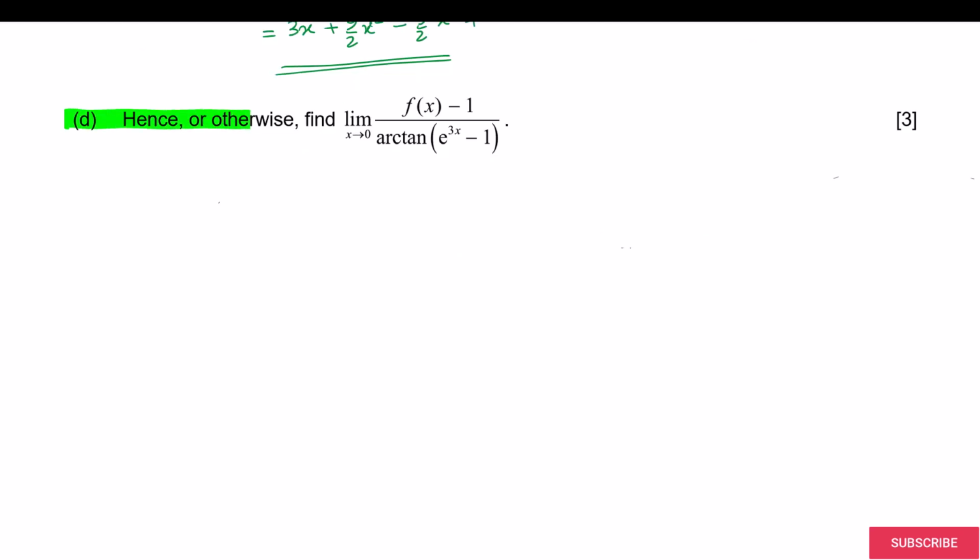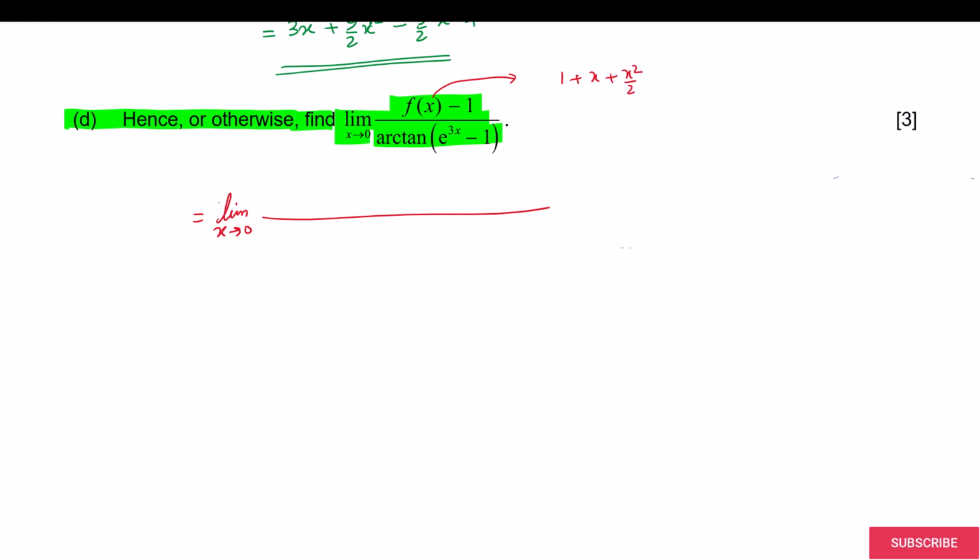So here's the last part: hence or otherwise find the limit of f(x) minus 1 over arctan of e to the power 3x minus 1, where x tends to 0. So we have two rules. First one, we can simply put the value here, and if we have already expanded it, we'll use this. So this becomes limit x tends to 0 of f(x), if I can recall, it was 1 plus x squared over 2 factorial and so on.